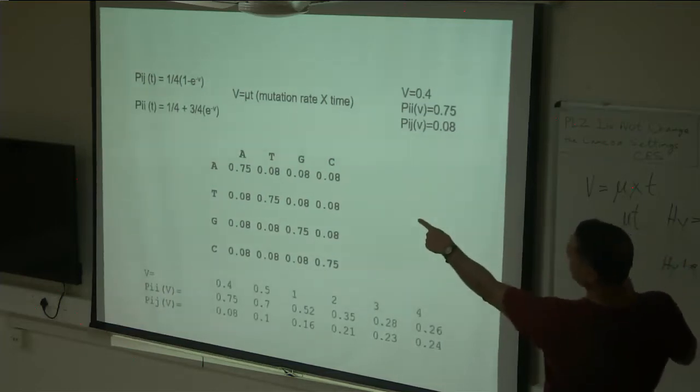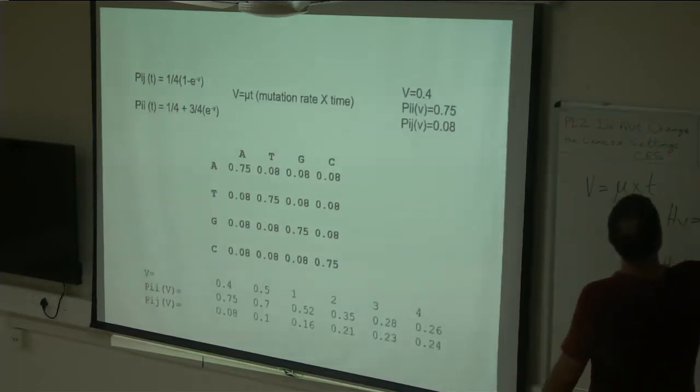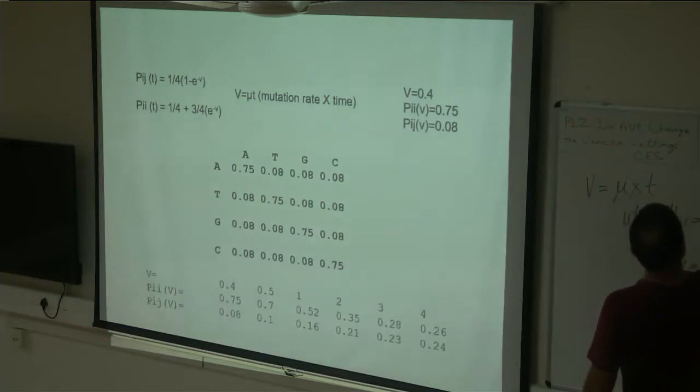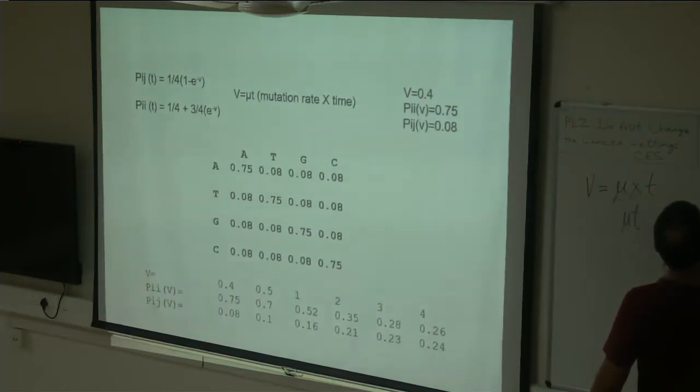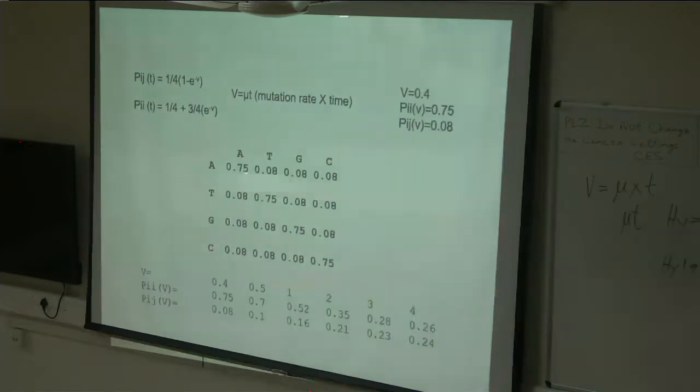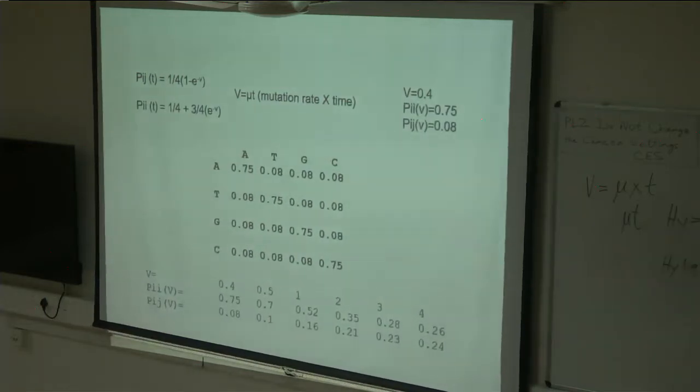For example, Pij would be 1 by 4 times 1 minus e power minus, if your branch length is 1, you plug in the value of e, whatever e is.